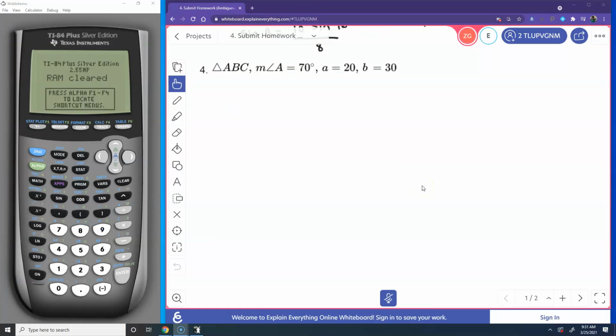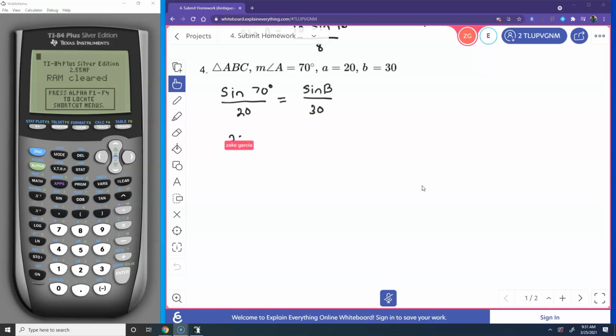We have the measurement of angle A, 70 degrees, and we have those two-side measurements. So once again, we're going to use sine of 70 degrees is to 20. And of course, we don't know what the sine of B is. And it's going to be over 30. And since it's a proportion, we're going to go ahead and cross multiply.